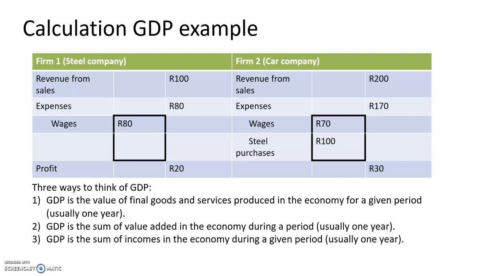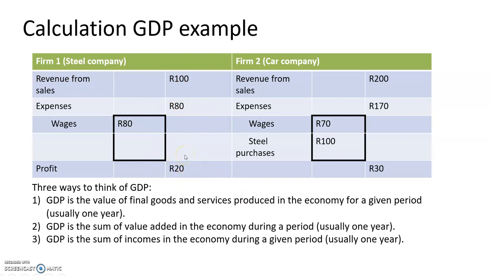Firm 1 produces steel, employing workers and using machines to produce the steel. It sells the steel for 100 Rand to Firm 2, which produces cars. Firm 1 pays its workers 80 Rand, leaving 20 Rand in profit to the firm.